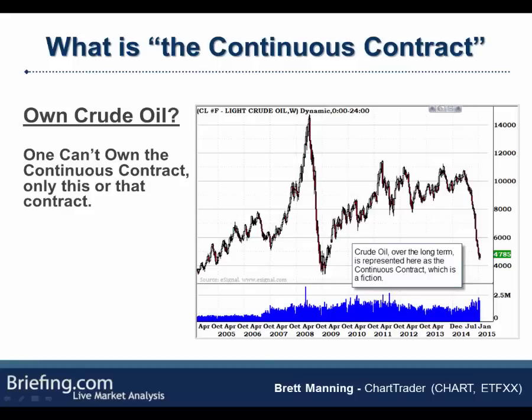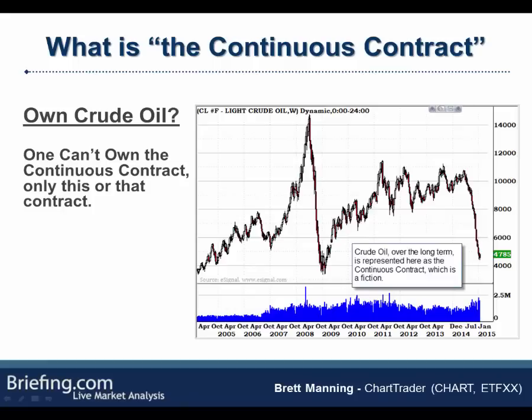Right now you'd own March crude oil, and unless you want that big barrel in your living room, you're going to need to sell March crude oil in a few weeks because otherwise you'll have to take delivery on it, right? So you don't want that. You want to sell it before it expires and transfers into actual crude oil. So you sell it in a few weeks, and then you've got to buy April crude oil.